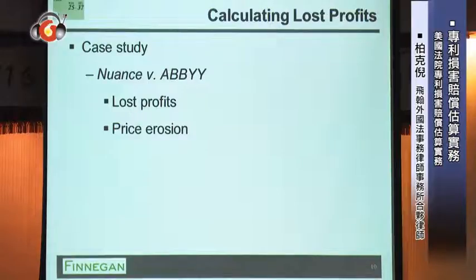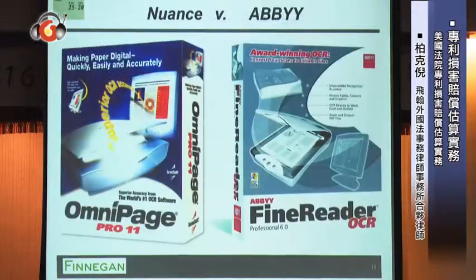I'll show you the boxes shortly, but Nuance said that the software box that Abby was using to sell its software looked too much like Nuance's software. And so there was a patent infringement aspect to the case and a trade dress infringement aspect to the case. Here are the products involved.